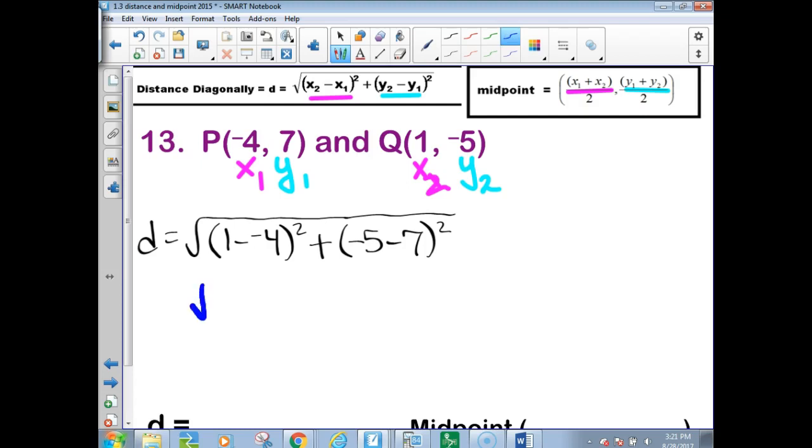Type on the calculator. 1 minus negative 4 is 5. You're going to figure that out. You probably just got 25, I'm hoping.